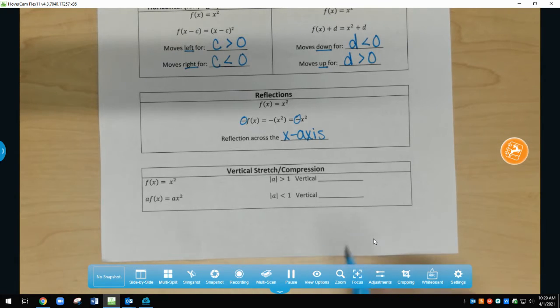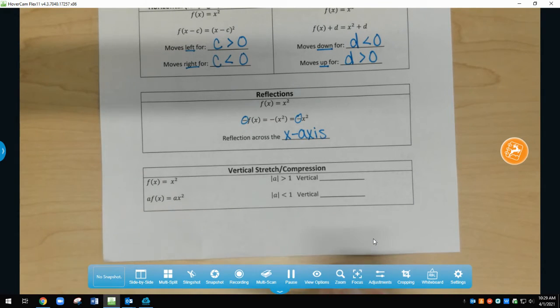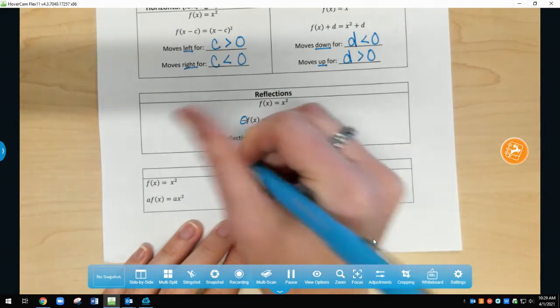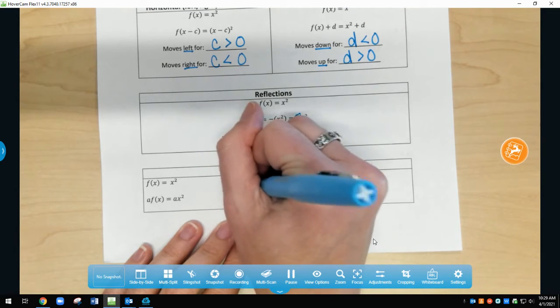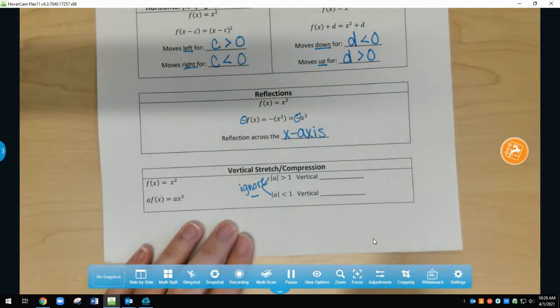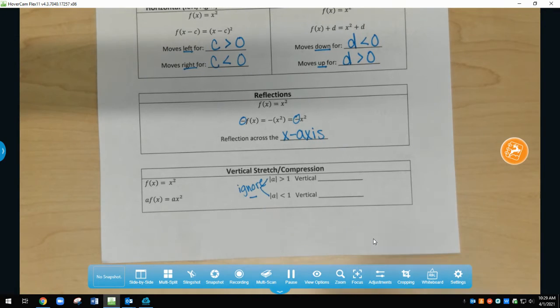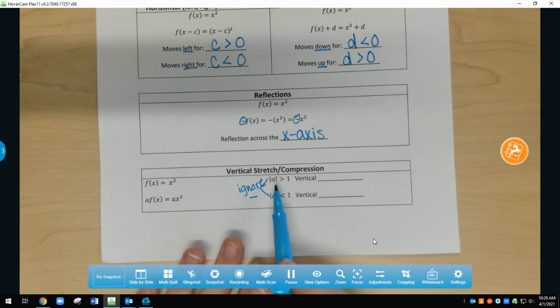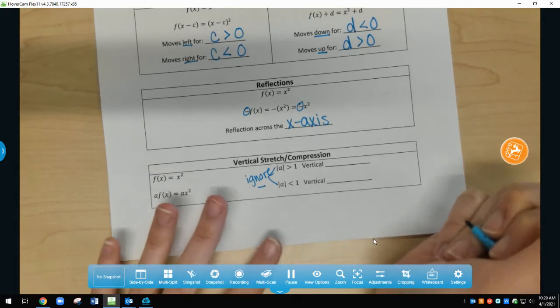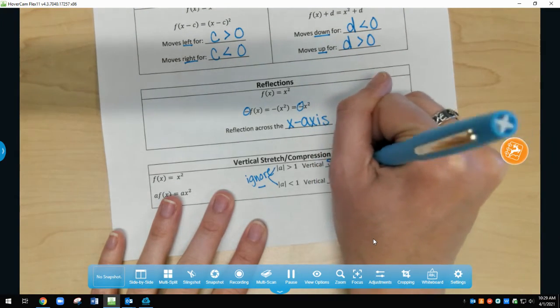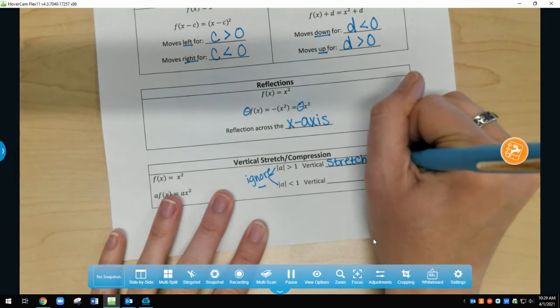Okay? When you change a, so the number outside the parentheses, you ignore the negative. That's all that these lines mean. Ignore the negative. Their absolute value, which you haven't quite learned about, but it just means ignore the negative. So if the absolute value of a is greater than 1, it's a vertical stretch, which means it's going to get skinny.